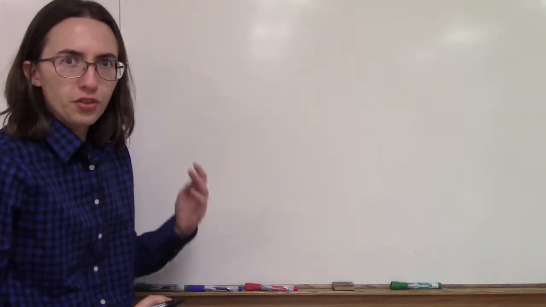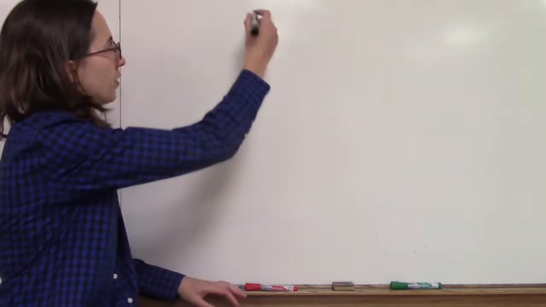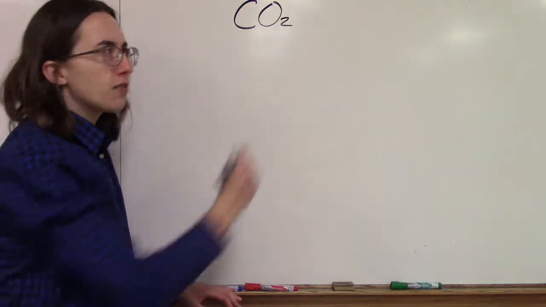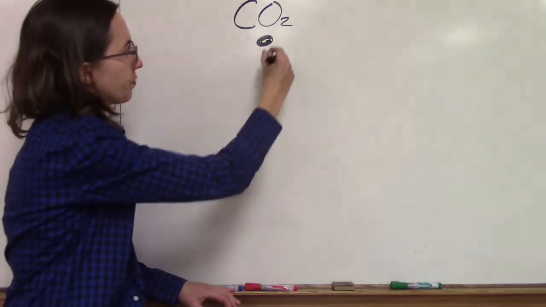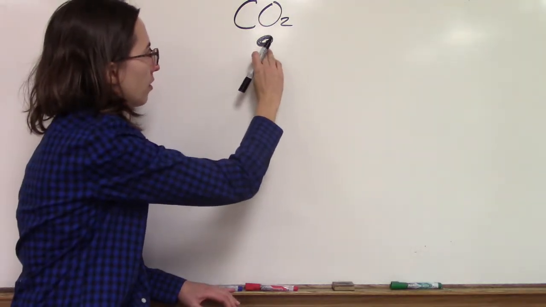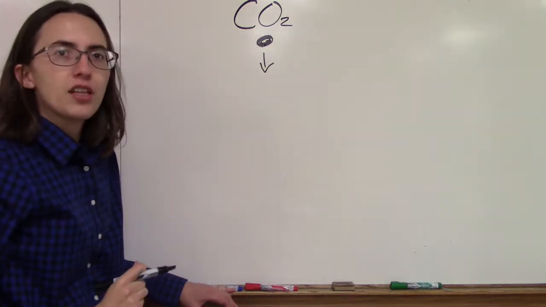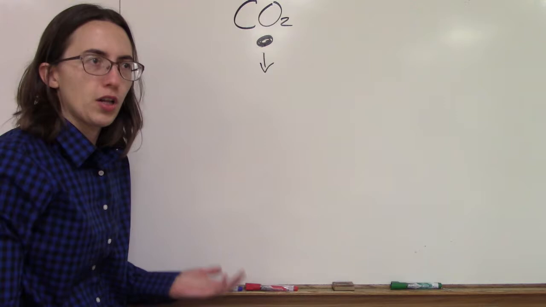Okay, so the Calvin cycle starts with an input of carbon dioxide. Carbon dioxide, of course, has one single carbon. This carbon is going to come in and it's going to join to a pre-existing sugar molecule.